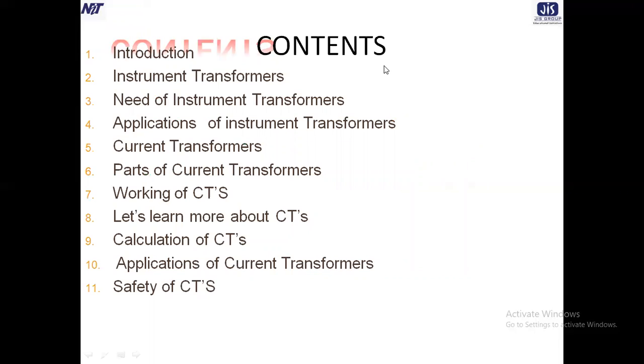Firstly I will talk about the introduction, then the instrument transformer, need of instrument transformers, applications of instrument transformers, then the current transformer, parts of a current transformer, working of CT, calculation of CT, application of current transformer, and safety of current transformer. So these will be the contents of today's lecture.